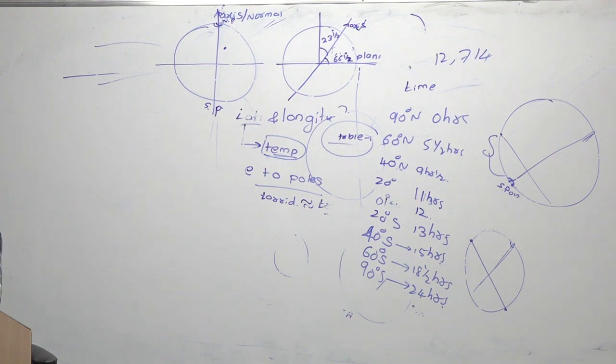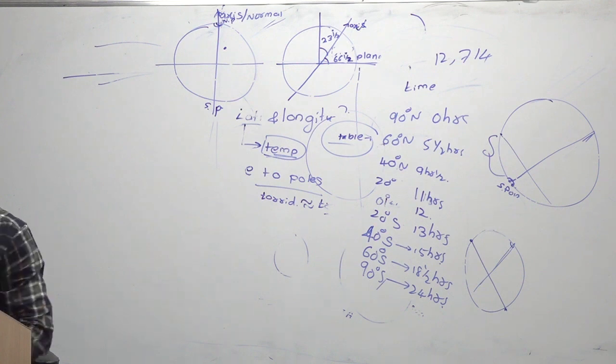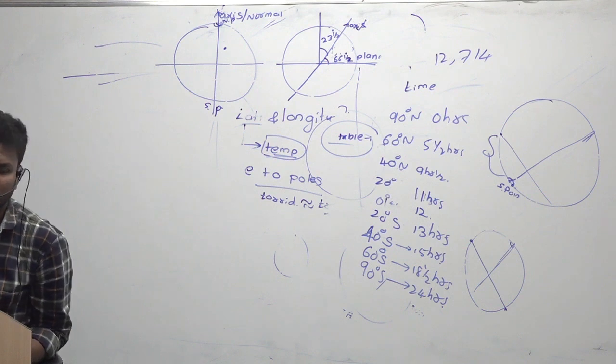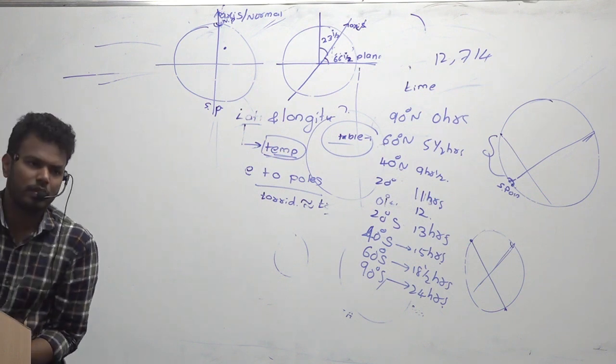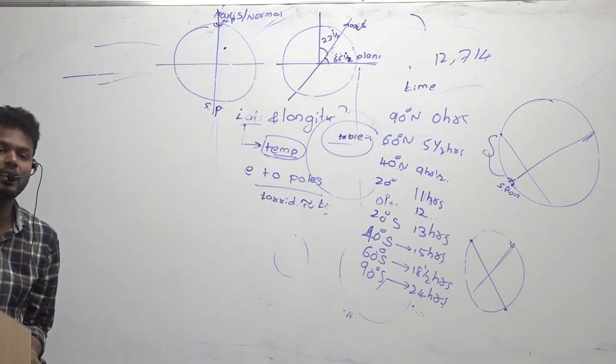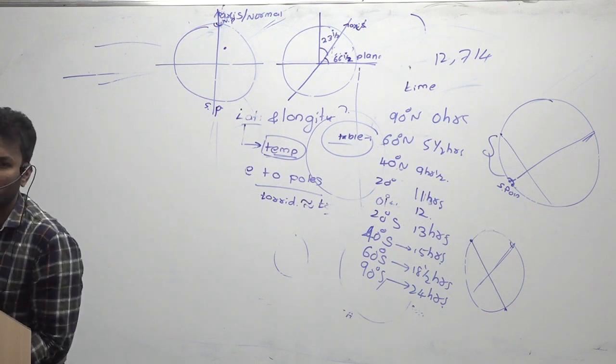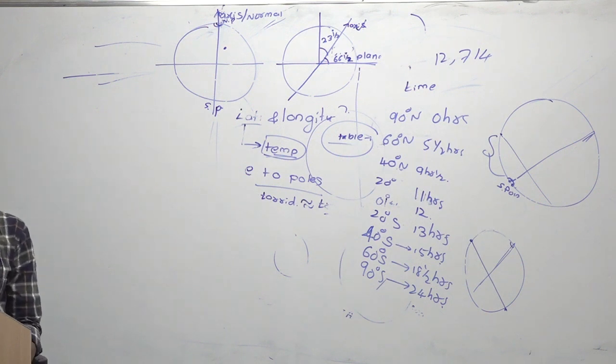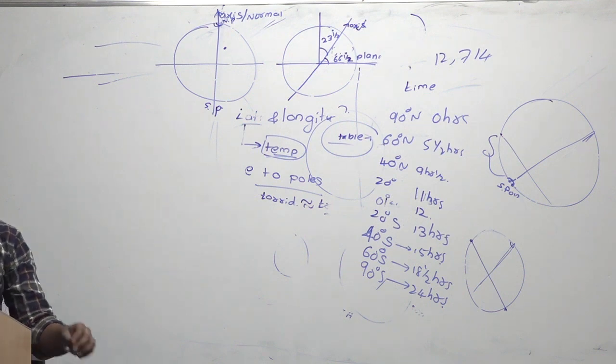The subsolar point is at the equator. Hence, all the places on the earth will have equal day and night.